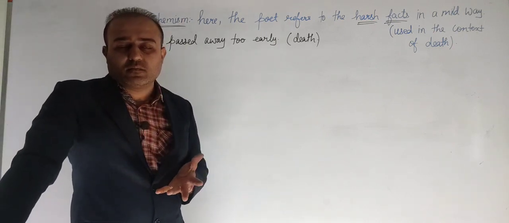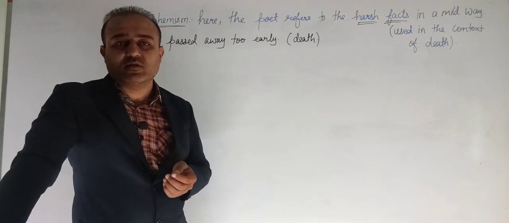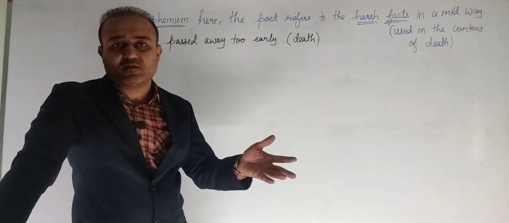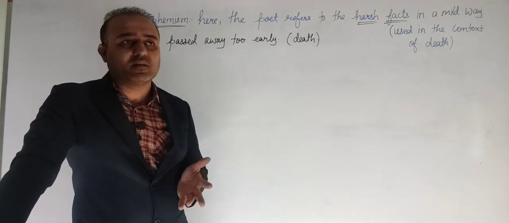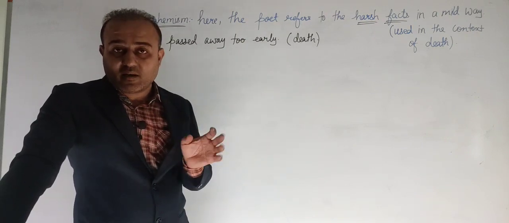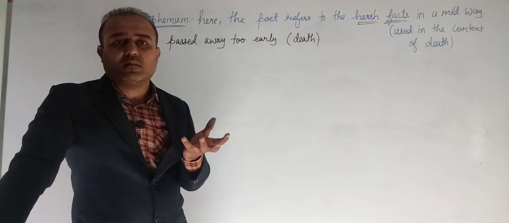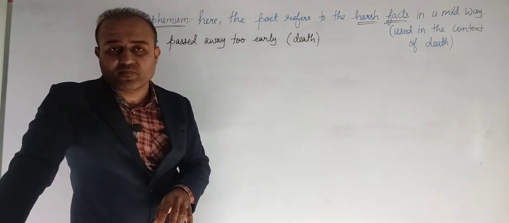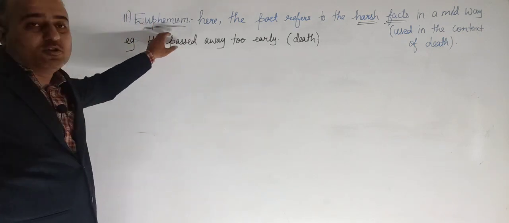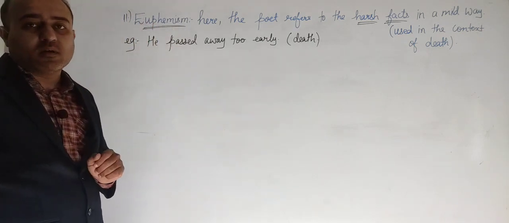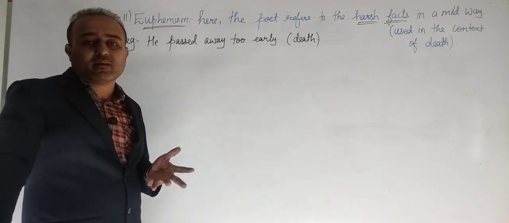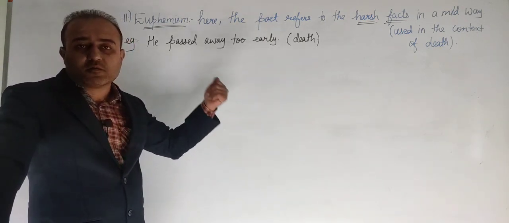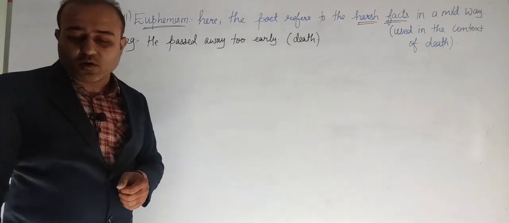Again, if I say it in Gujarati, if someone comes to a person's place where a death has taken place and says, "Wo vela vaya gaya hai na," when the harsh fact is said in such a mild way, the figure of speech used over there is euphemism. So I hope you can understand it. When harsh facts are said in a mild way, the figure of speech used is euphemism.